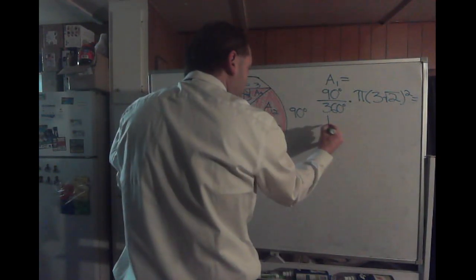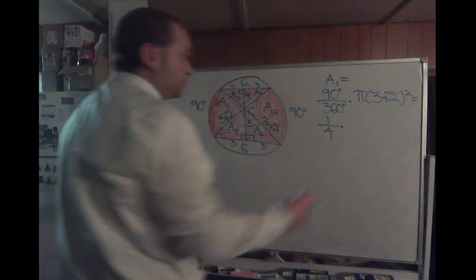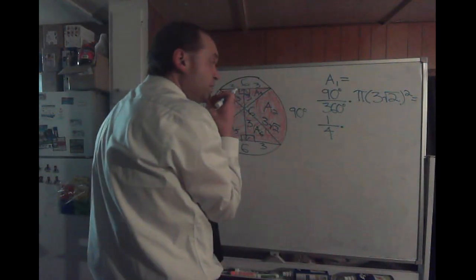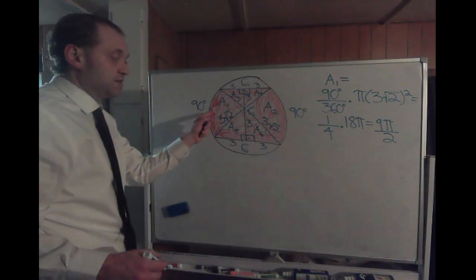That's 1/4. That'd be times, what is 3 times the square root of 2 to the second power? That'd be 18. So you'd have 1/4 of 18 pi, which would turn into 9 pi over 2. So area 1 is 9 pi over 2 for this sector.